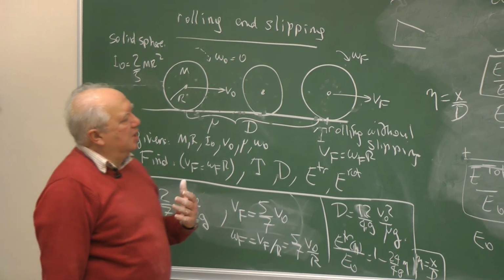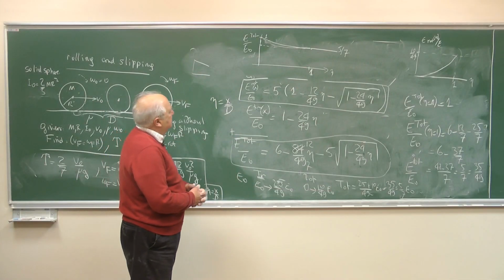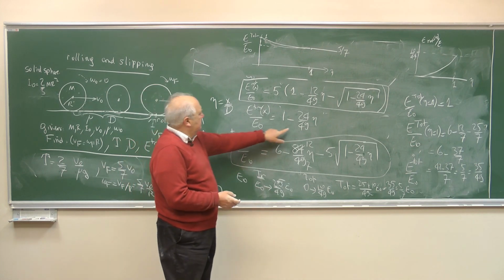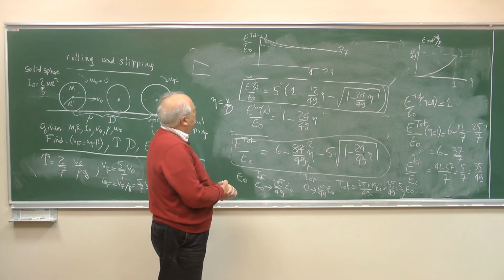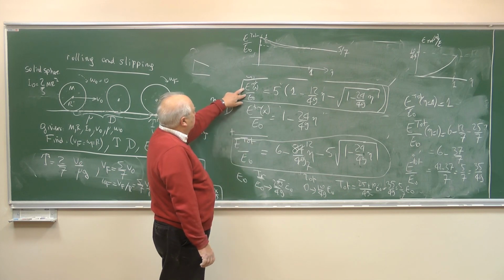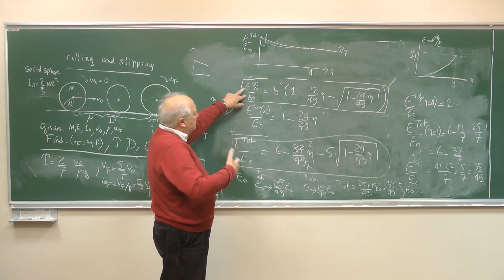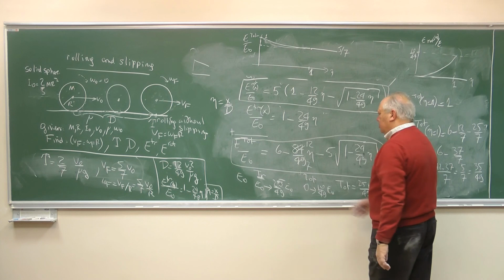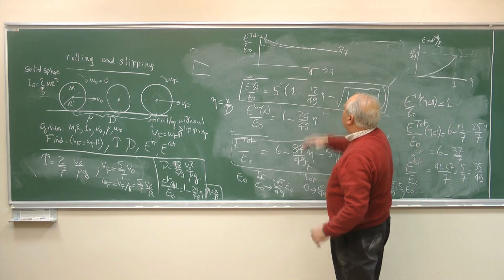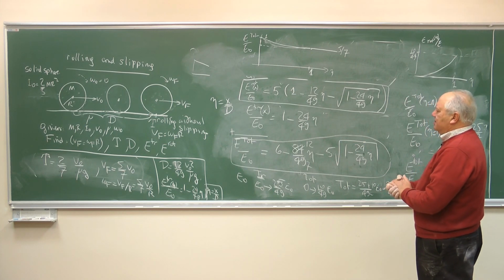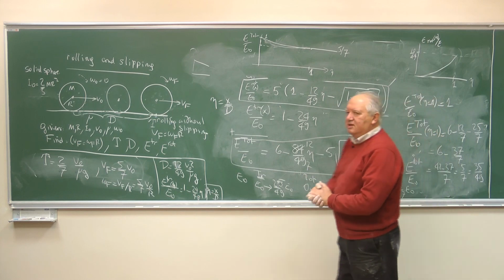We found the change in the energy of the translational mode, as a function of eta, or as a function of x. And we found the way it increases in the rotational mode, and how the total energy decreases as a function of x. That settles everything about this problem.